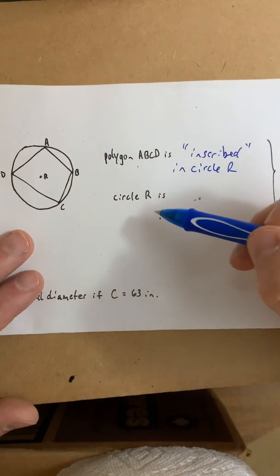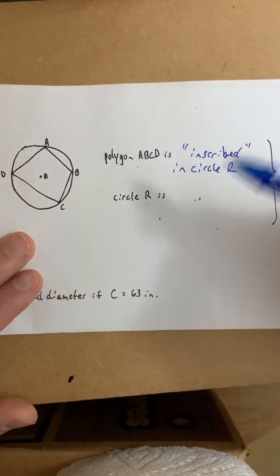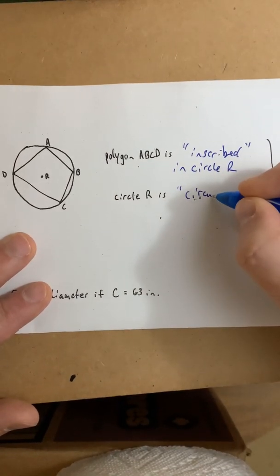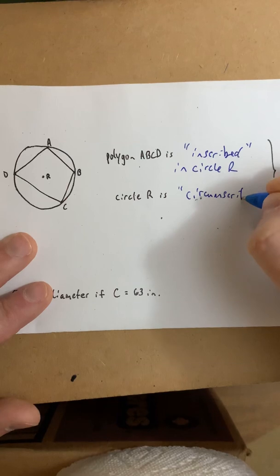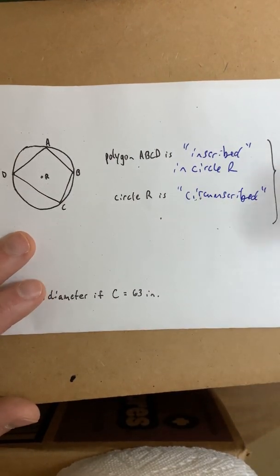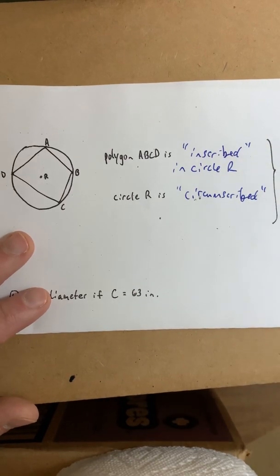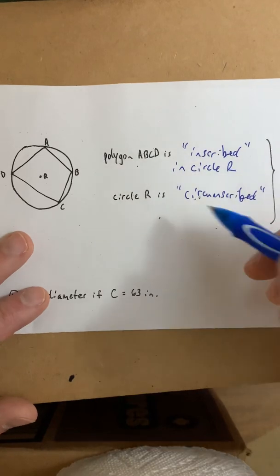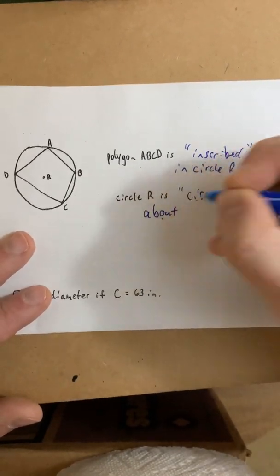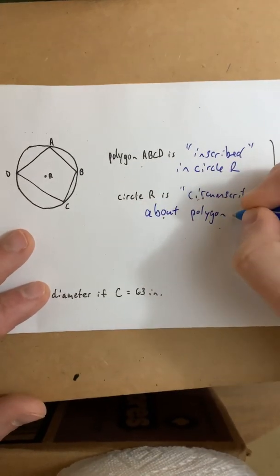And you could also describe circle R as being drawn around, or circumscribed, around polygon ABCD. Now, a lot of times they don't say around, but they say about. So they might say circle R is circumscribed about polygon ABCD.